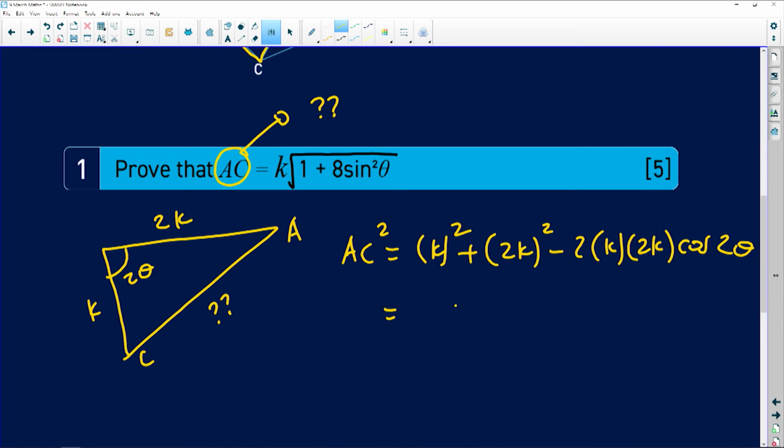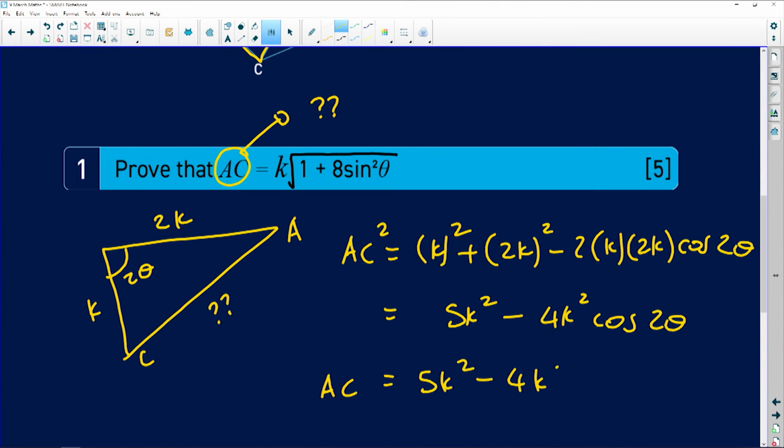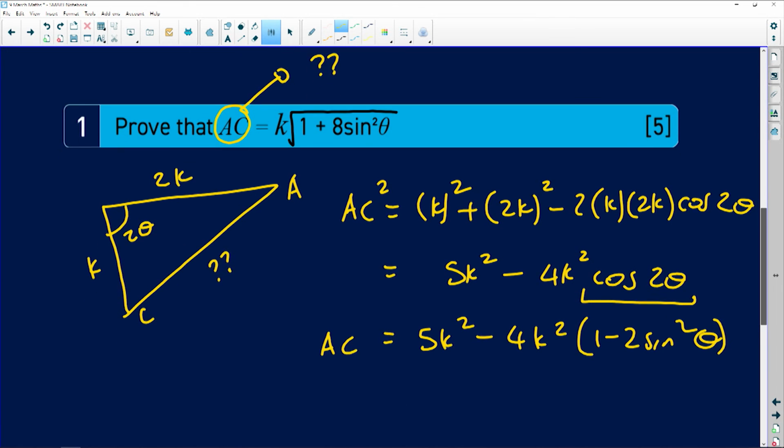So that's simply going to be 5K squared minus 4K squared cosine of 2 theta. Then if you simplify, we just want to find whatever the AC length is in terms of theta. So this is going to be 5K squared minus 4K squared into 1 minus 2 sine squared theta. This is the double angle of cosine. We expanded it in that format.